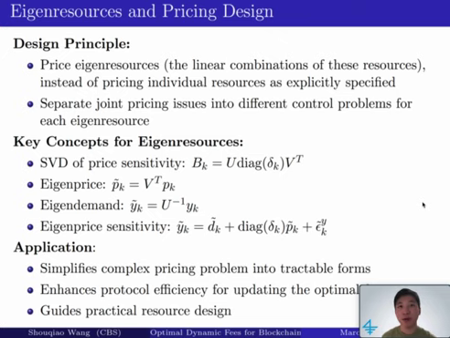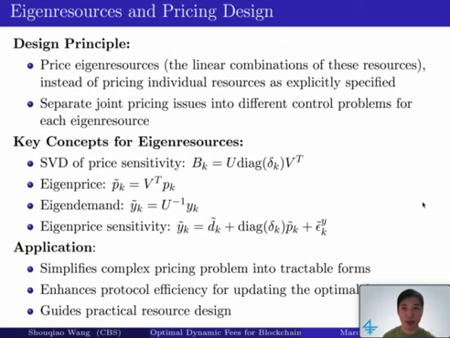Essentially, our approach does not address these n resources directly. Instead, we focus on specific linear combinations of these resources, which we call eigenresources. The eigenresources do not have any cross-price sensitivity.